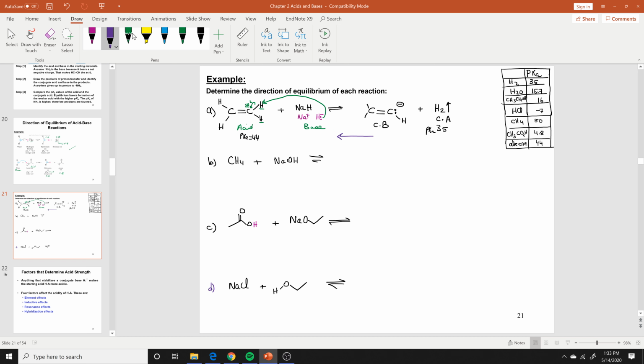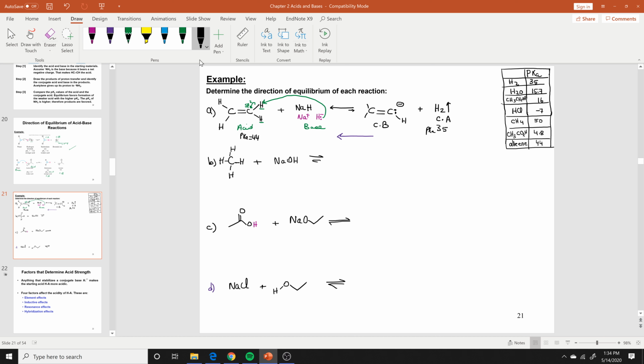So the way that you draw it, instead of drawing this double arrow like this, you take this double arrow out, and then you just draw a long arrow pointing towards the reactants and a small arrow pointing towards the products. CH4 over there, let me draw it in another way. I always like to show my bonds. So this is going to be my CH4.